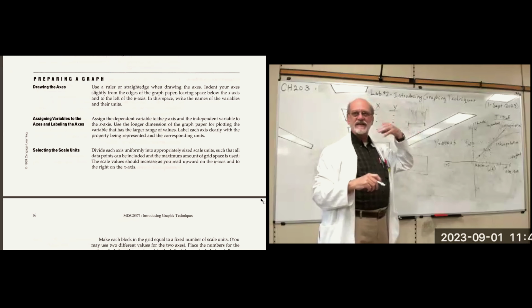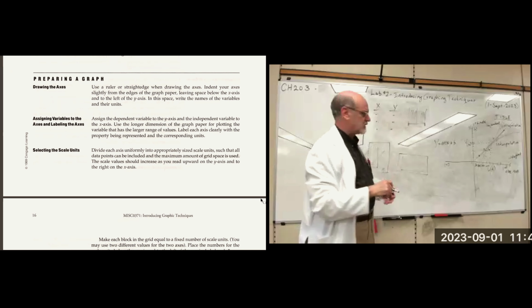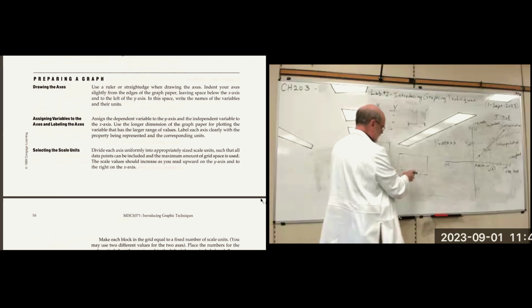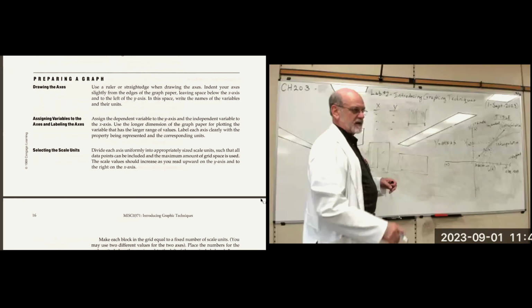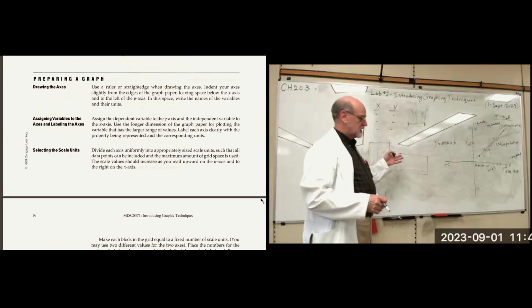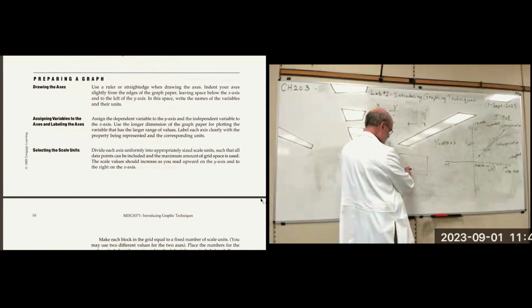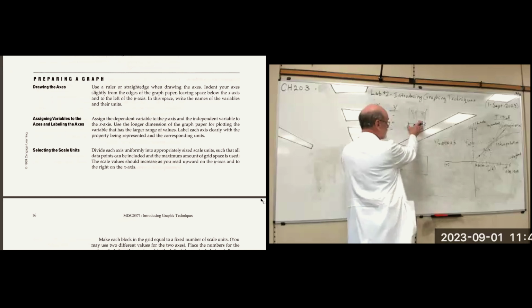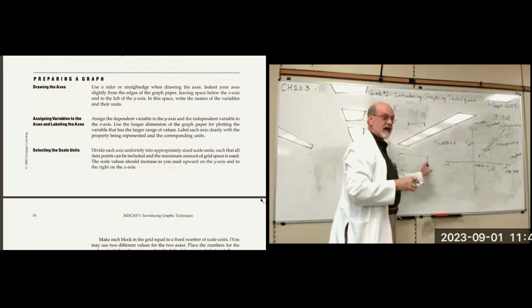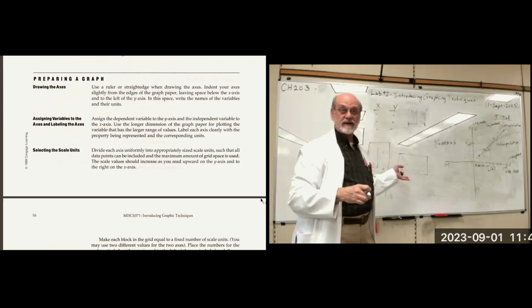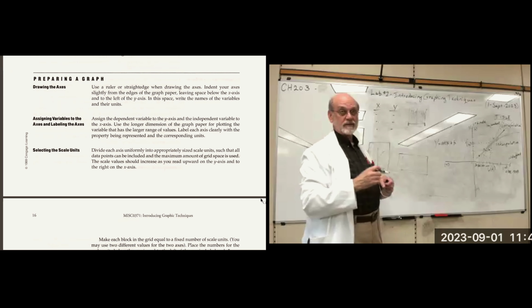Think in decimal terms. And then you say, okay, if my data set goes up to 100, then I'm going to need 10 of these groups or 20 of the dark lines to get from one side to the other. See if you've got enough room for that. If you don't, you might have to shrink it down.